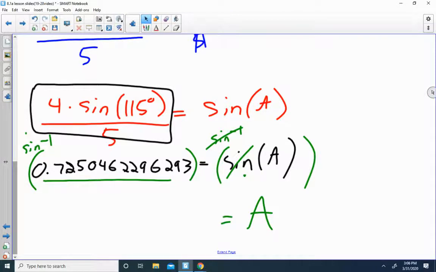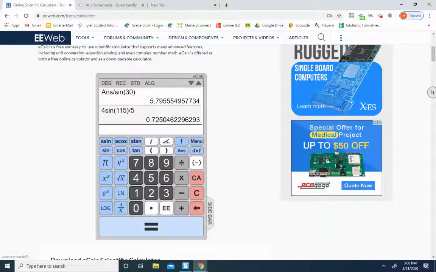So let's do it. Now you don't have to type out that entire decimal. What you can do is first do inverse sine, and then go to this blue button that says answer. It'll take your previous answer, which was the 0.725 and so on, and plug it into the inverse sine. So you don't need to type in all those decimals.